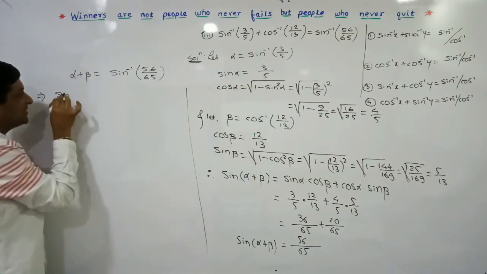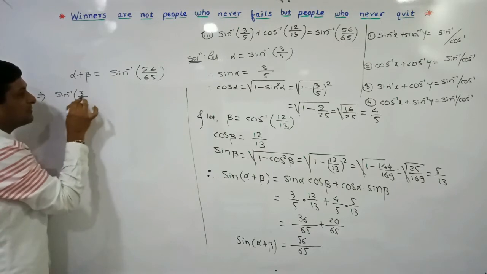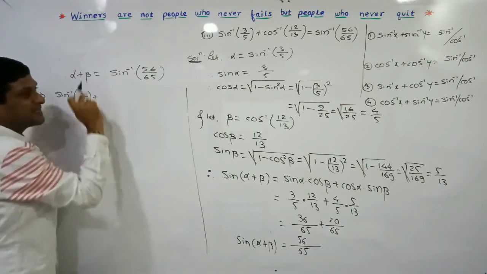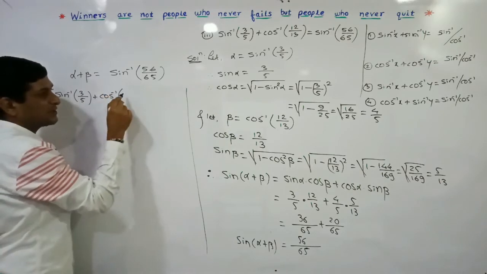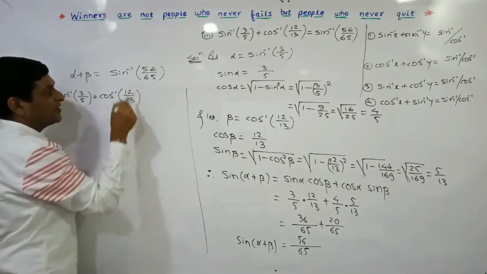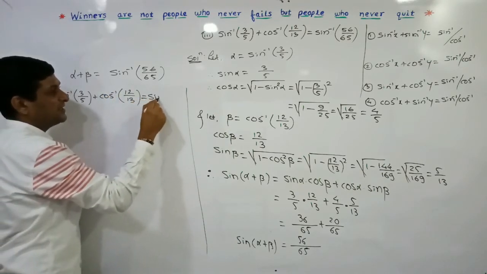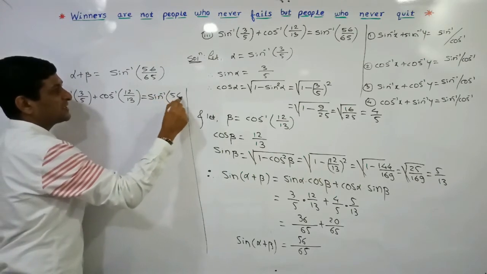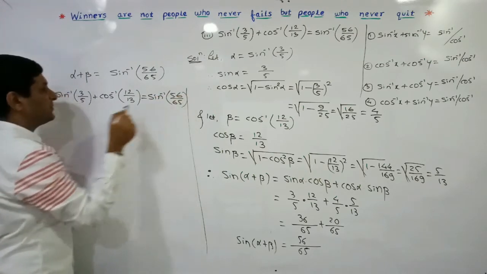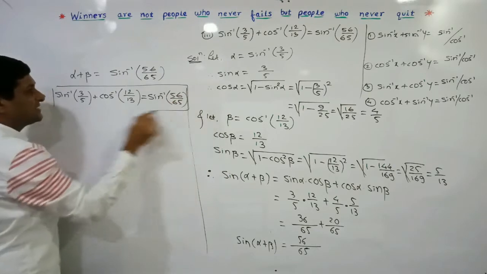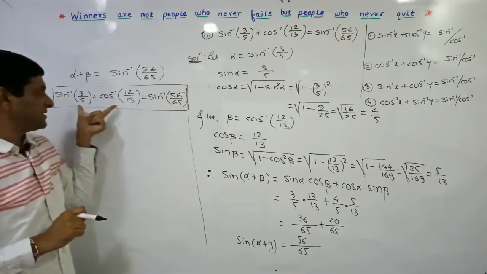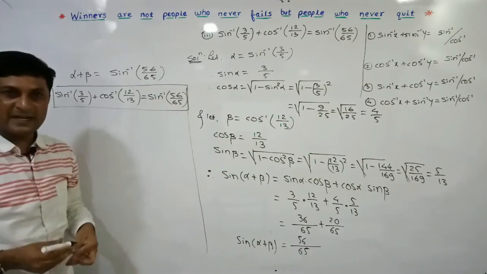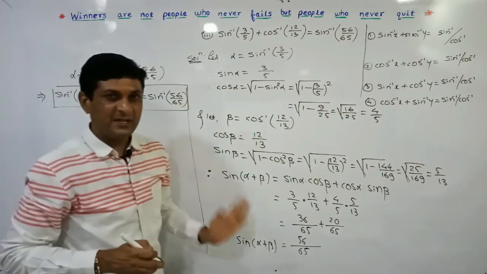That is sin inverse of 3 by 5. And beta is nothing but cos inverse of 12 by 13. On the right hand side, sin inverse of 56 upon 65, keep it as it is, and check that this is the result which we have to prove. So in this way we have shown that the left hand side is equal to the right hand side. Hope the method is very clear to you.